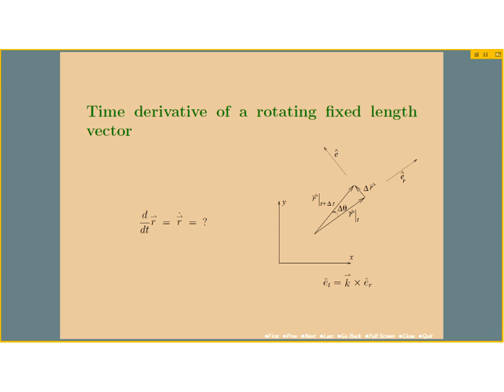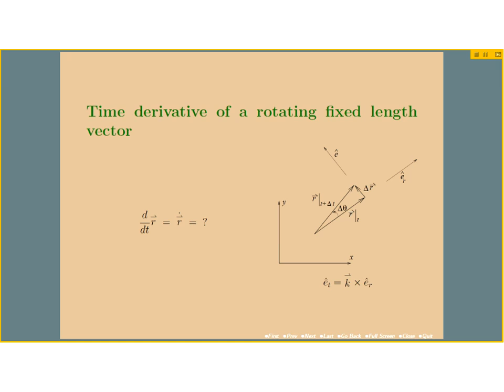Now, what we'd like to do here is to calculate the time derivative of this vector r. If we don't think about this very carefully, we may be tempted to say that the time derivative of the vector r must be 0 because this vector is of fixed length. Its length doesn't change.